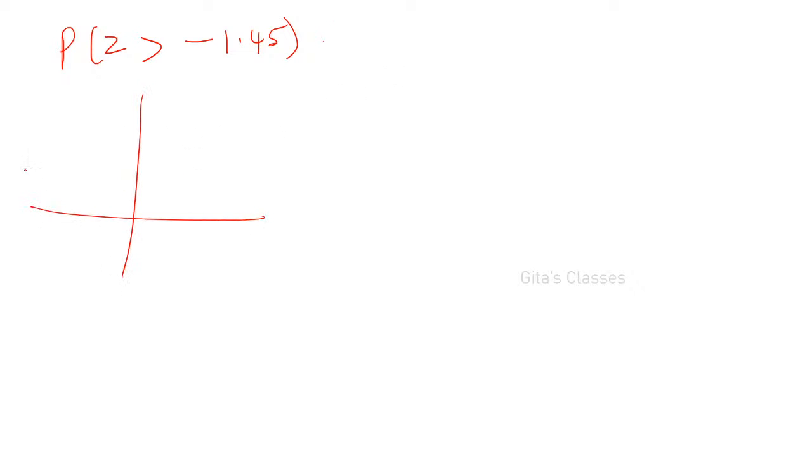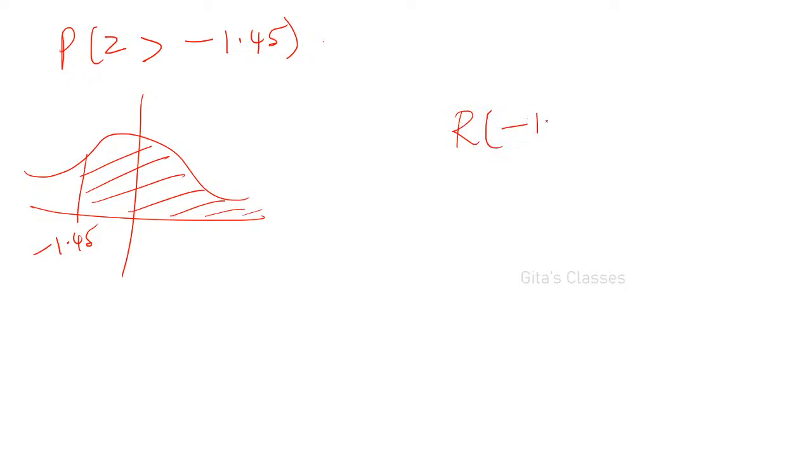The second question is P of Z greater than minus 1.45. You can use it directly here, or R also, with minus 1.45. To the right of means in the calculator you can use R of minus 1.45 directly.